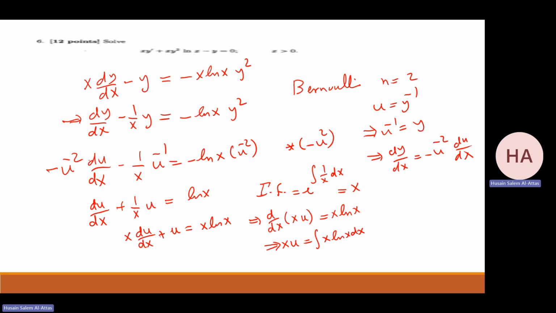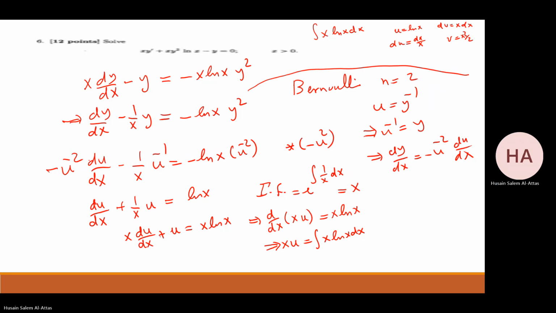If we do integration by parts, you will get what? Yeah, let me do it here. Integral x ln x dx. So let u equal ln x, dv equal x dx. So v is x squared over 2 and du equals dx over x.